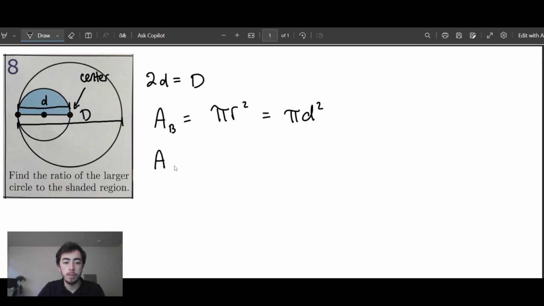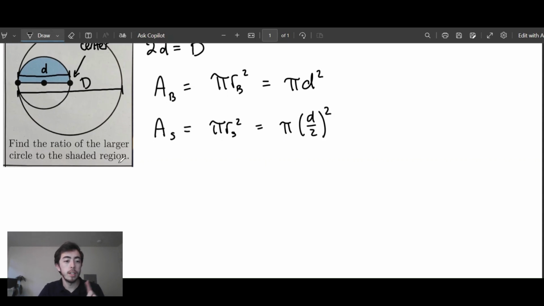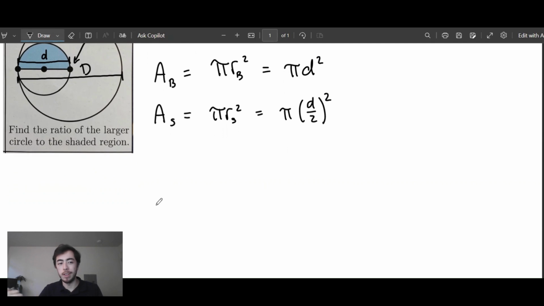And then the area for the small circle is also going to be pi r squared, but here my radius is going to be different. Just to differentiate these r's from each other, why not call it the big radius and the small radius? The small radius will be half of my small diameter, so I'll write pi diameter over 2 squared. Okay, and I need to find the ratio of the larger circle's area, probably, to the shaded region's area, probably.